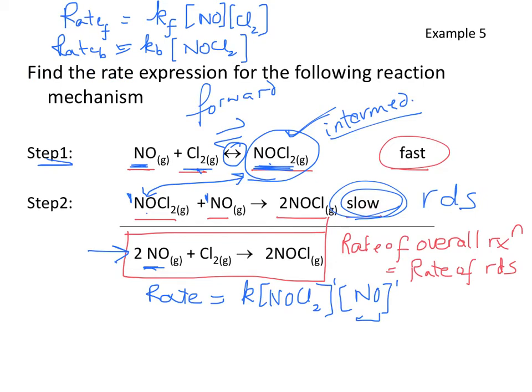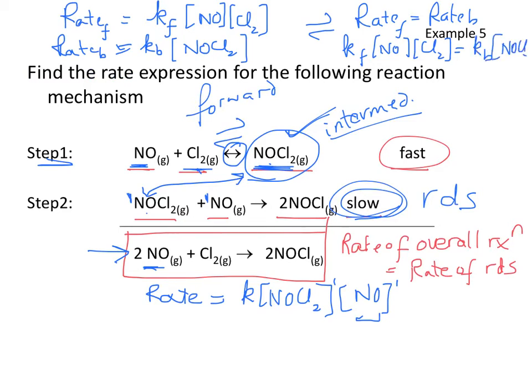It's a principle, and you will learn more about it in chapter 14, that whenever dynamic equilibrium exists, the rate of the forward reaction and the rate of the backward reaction become equal. What that means is that kf times [NO] times [Cl2] is going to be equal to kb [NOCl2].